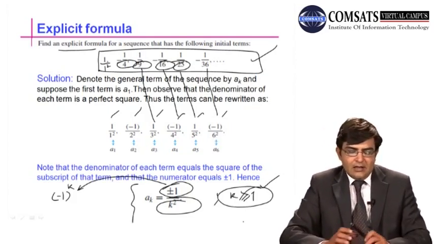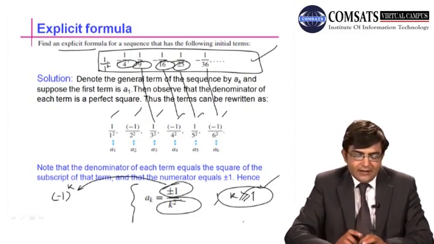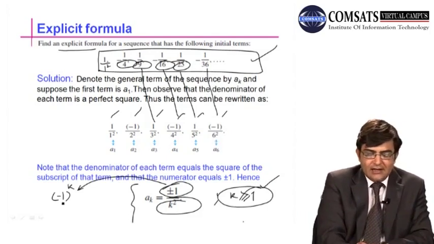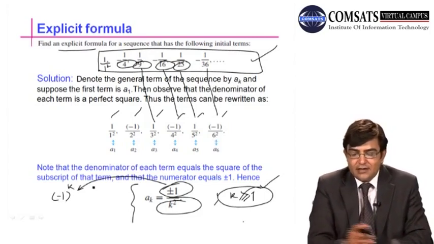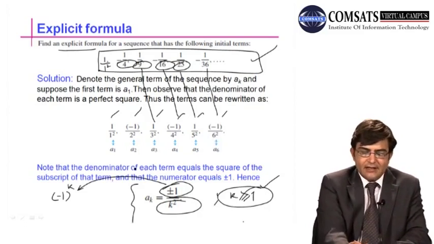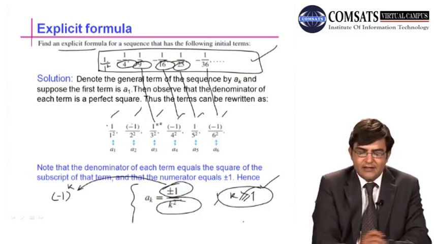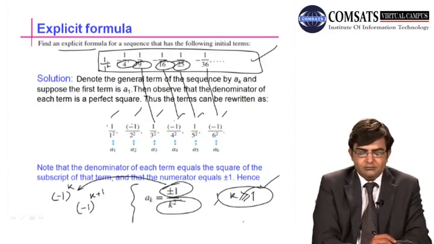So we have, not really succeeded, but up to some extent defined a numerator which gives us alternating sign. Now we have to improve it to get exactly plus 1 here, minus 1 here, plus 1 here, minus 1 here. We write in the numerator minus 1 power k minus 1, or k plus 1.